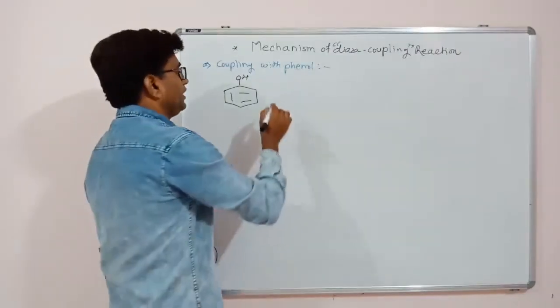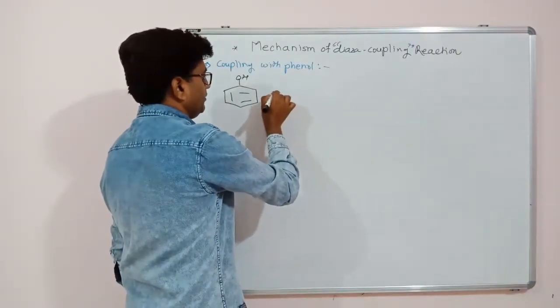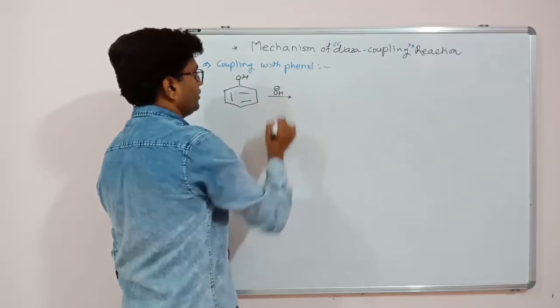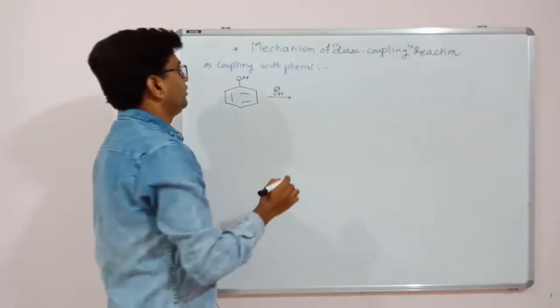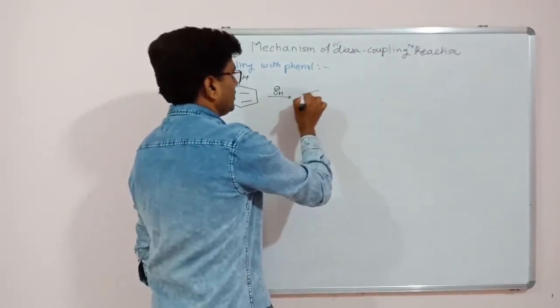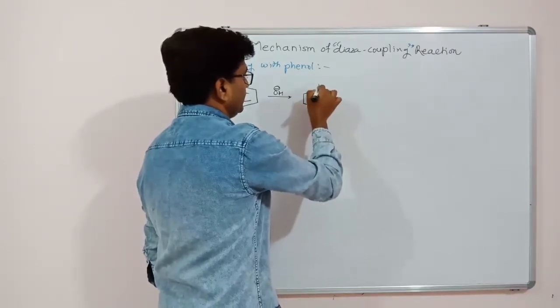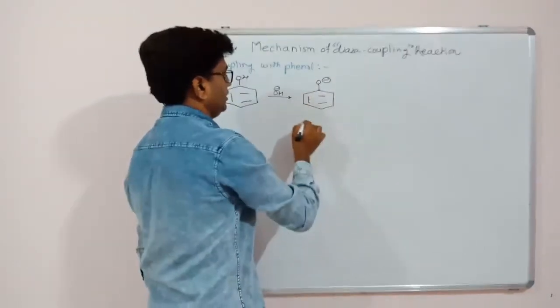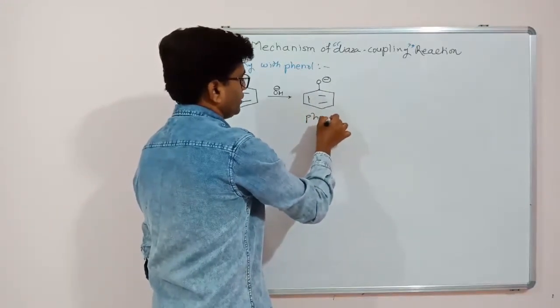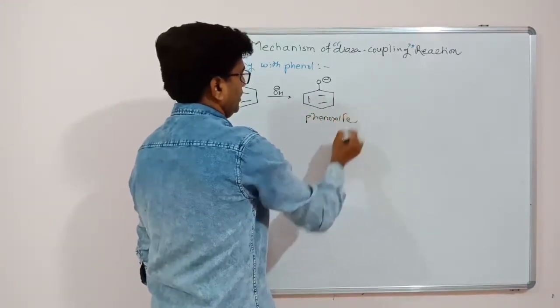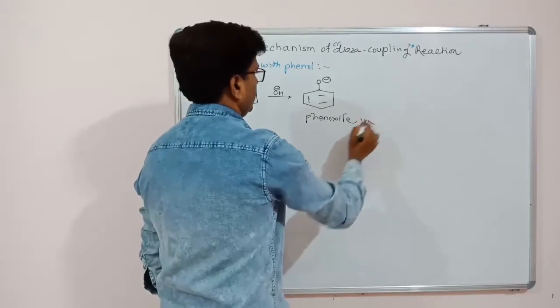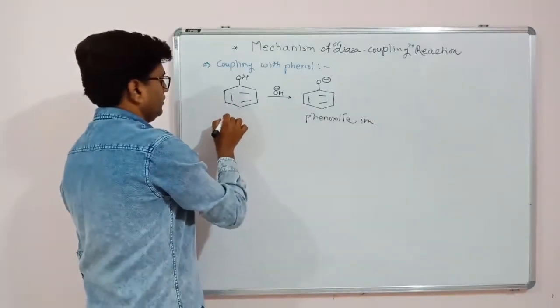So if we are using an alkaline medium like NaOH as a medium, what will happen? This phenol is present as an alkoxide ion, the phenoxide ion. So this is called the phenoxide ion and this is called phenol.